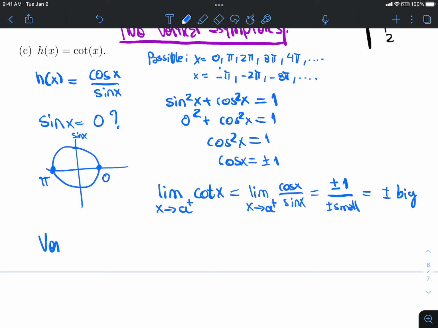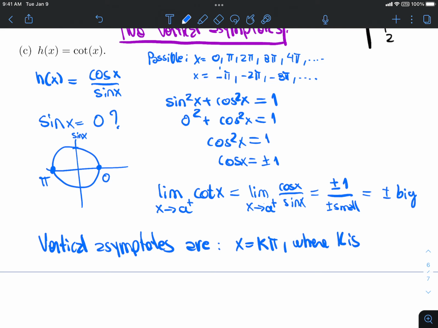So I'll say that the vertical asymptotes are x equal to k pi, where k is a whole number. So this is it. This is how I calculate and find vertical asymptotes for different types of functions.